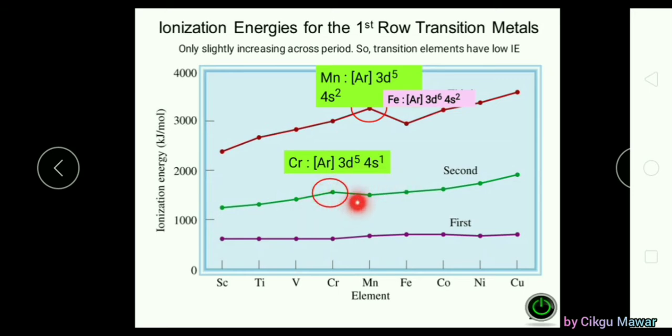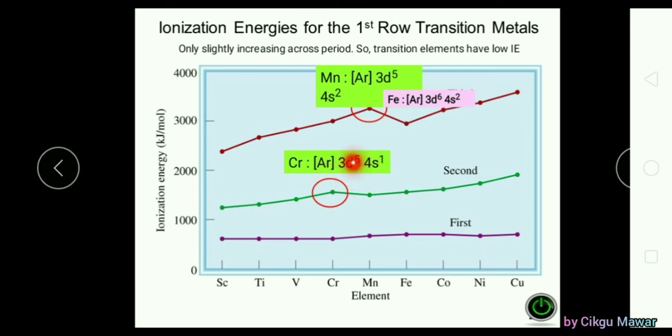For chromium, we remove the first electron from the 4s orbital, so lower energy. Then for the second electron, second IE, we remove the electron from the 3d5 orbital. Same as manganese, this 3d5 is a half-filled orbital, which is the most stable orbital.